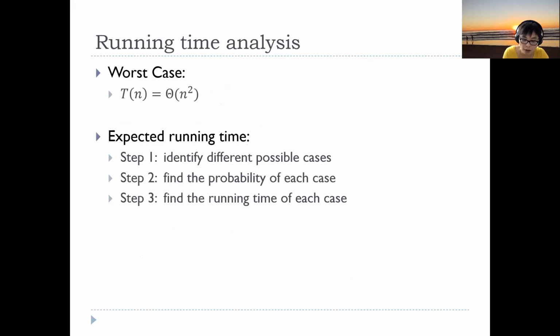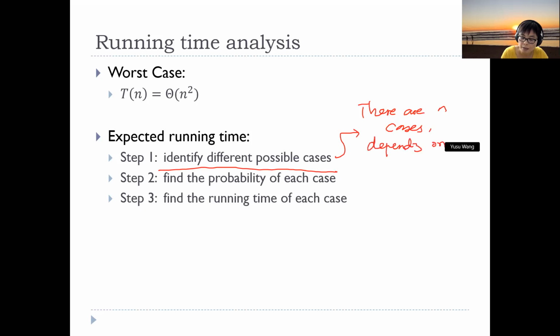So we identify all the possible cases: there are n cases depending on the value of k. k could be 1 till n. The second step is to find the probability of each case.